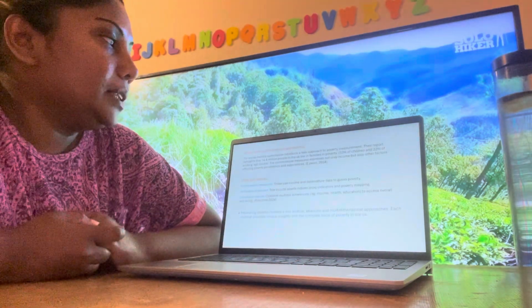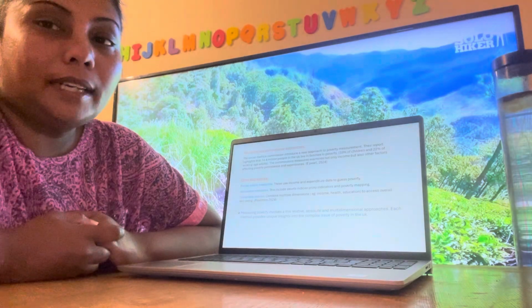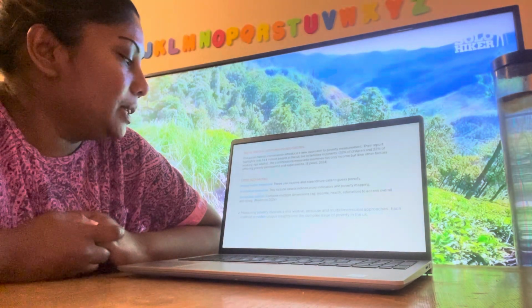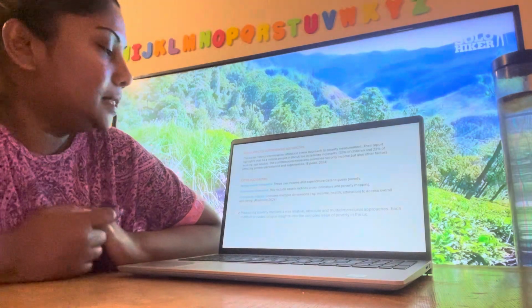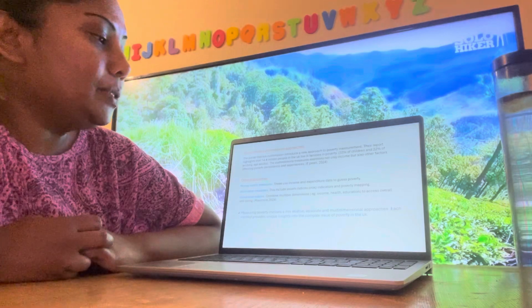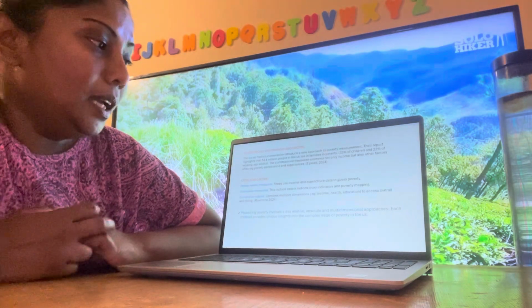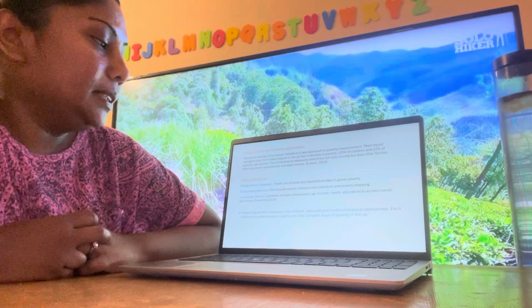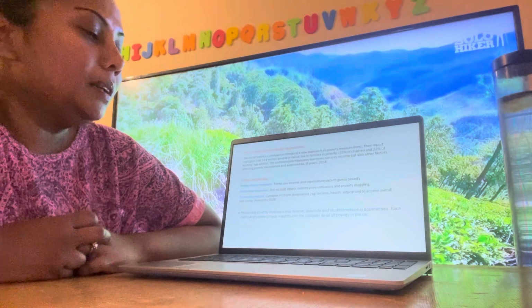There are the Social Metrics Commission approaches, and a lot of other approaches like money metric measures, alternative measures, and composite indices. Measuring poverty involves a mix of relative, absolute and multidimensional approaches. Each method provides unique insights into the complex issue of poverty in the UK.